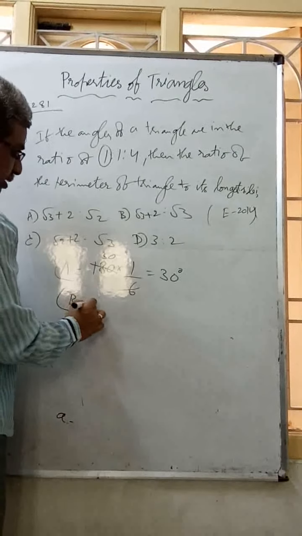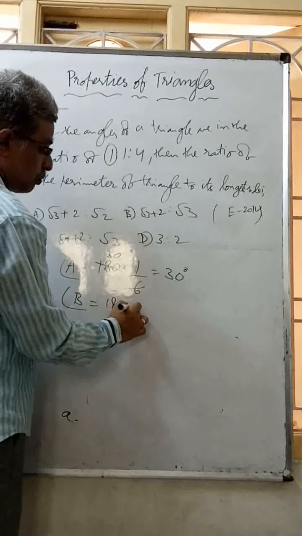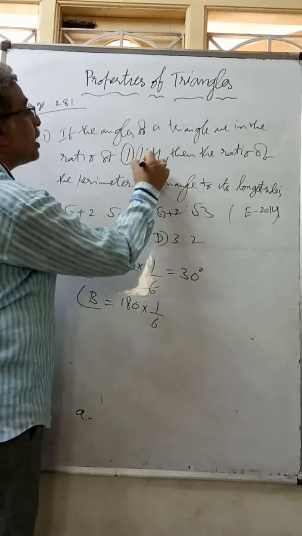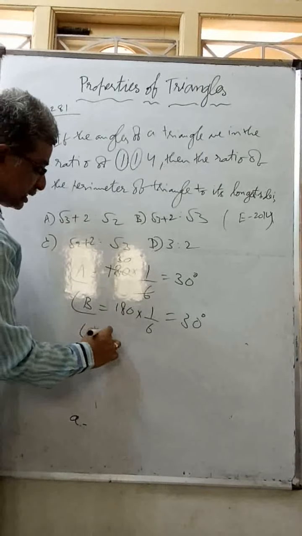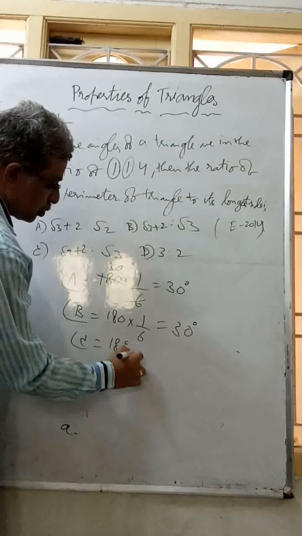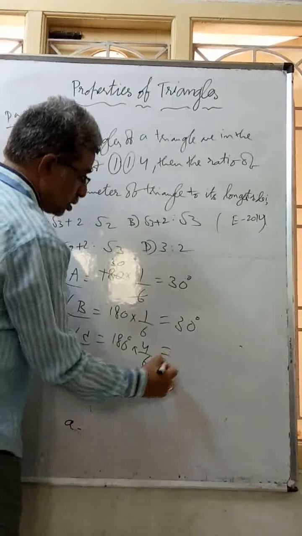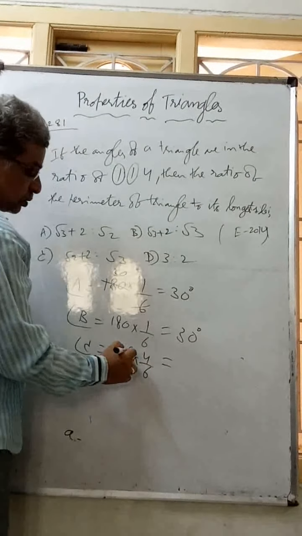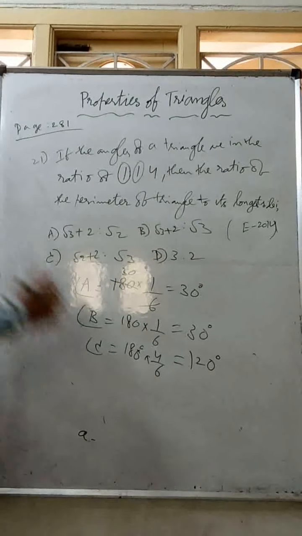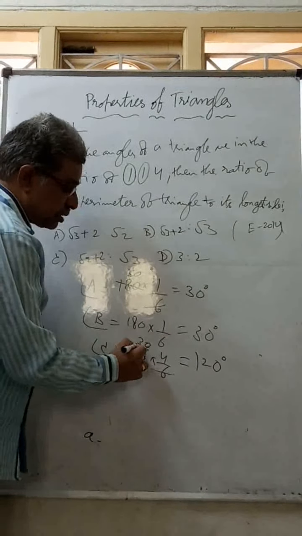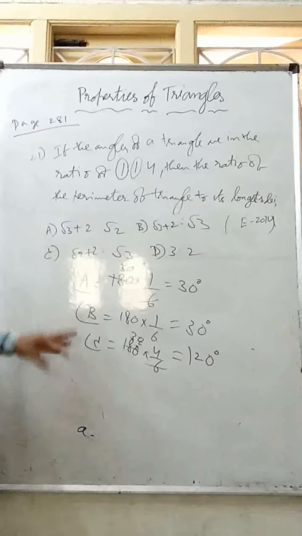And obviously angle B is 180 into 1 by 6 again, so it becomes 30 degrees. Next, angle C is equal to 180 into 4 by 6, which is 30 into 4, 120 degrees. This is angle C.